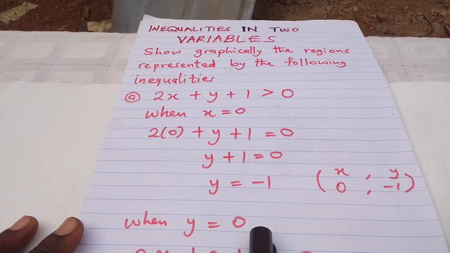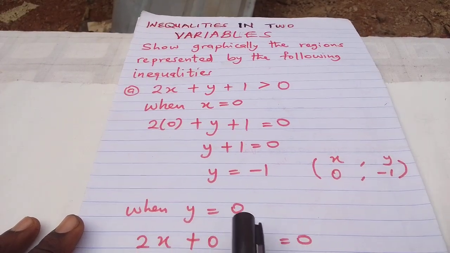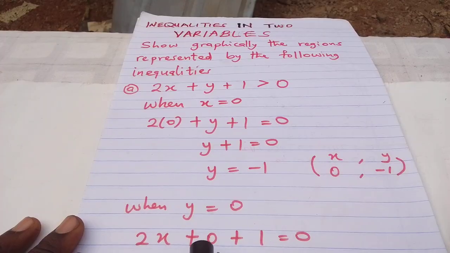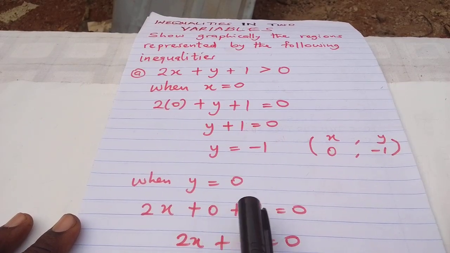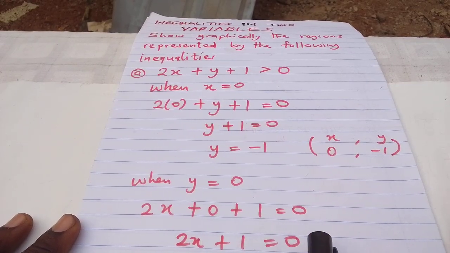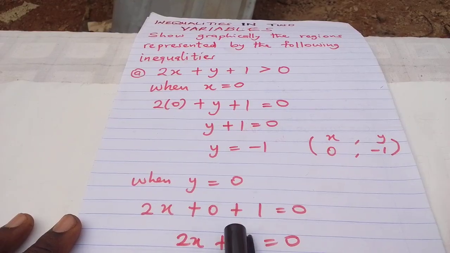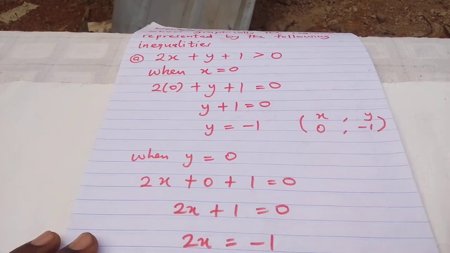Now also, you pick a value for y. When y is equal to 0, what will be the value of x? Substitute into the equation: 2x + 0 + 1 = 0. So you have 2x + 1 = 0. When the +1 moves across, it turns to minus 1.